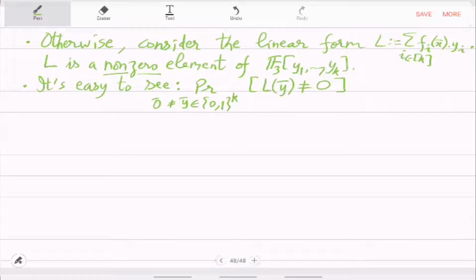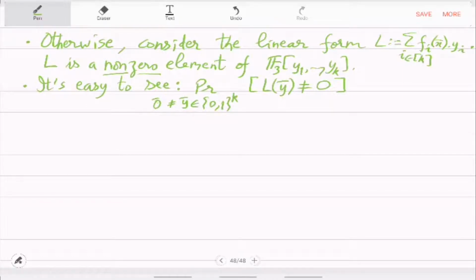When you pick y bar randomly, what is the chance that Ly bar doesn't vanish? So there is at least one yi which is appearing in L, right? So actually only look at those yi's that appear in L, and you are fixing them in {0,1}.